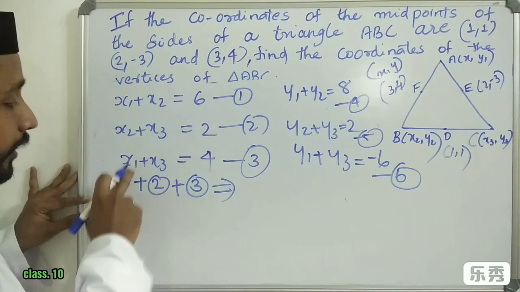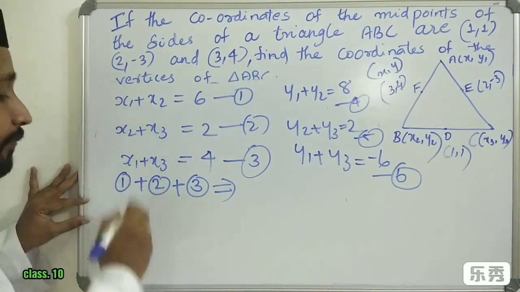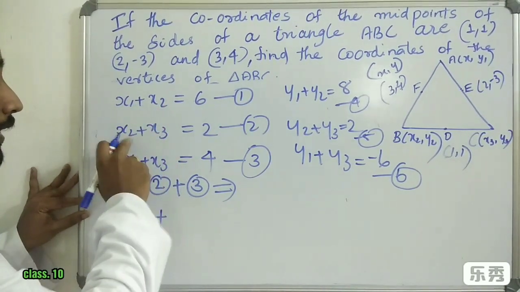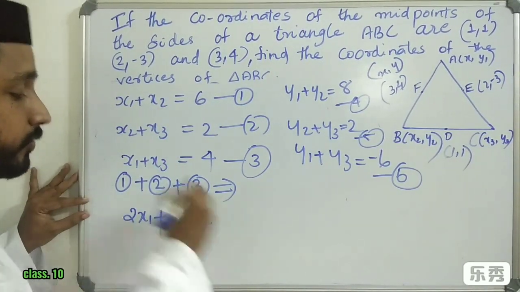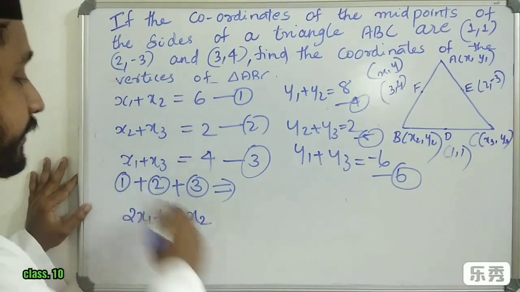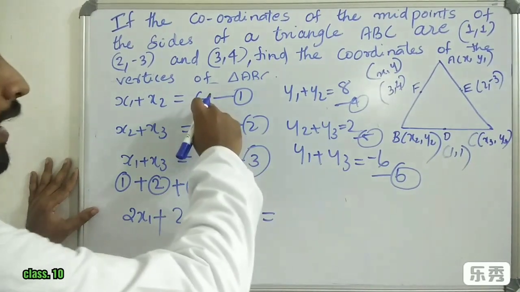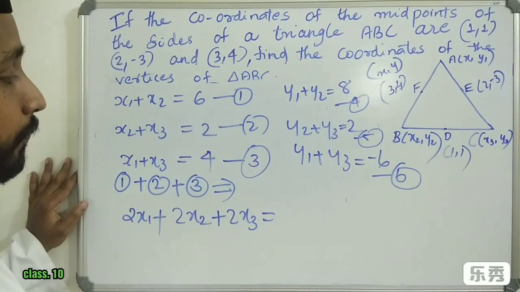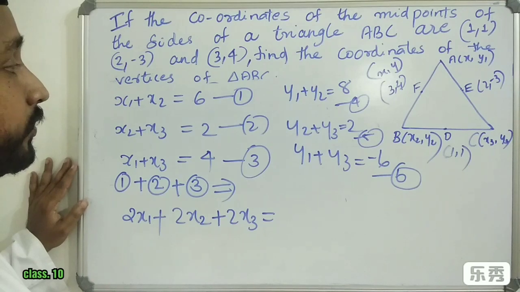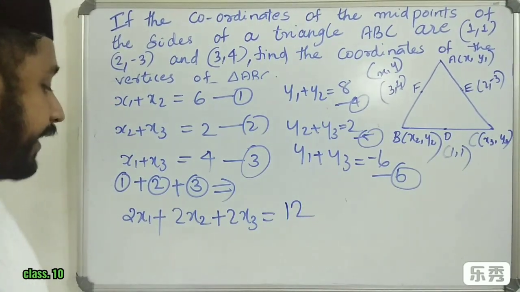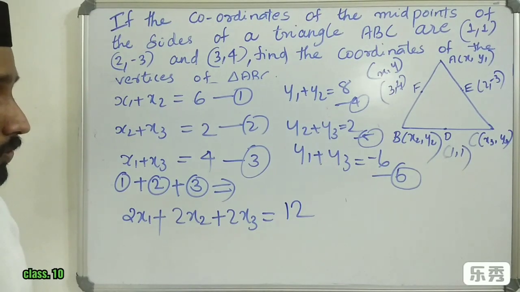Here x1, here also x1, x1 plus x1, 2x1, plus here x2, here x2, 2x2, then x3 plus x3, 2x3, which is equal to RHS, 6 plus 2 plus 4. 6 plus 2, 8, 8 plus 4. So we got 2x1 plus 2x2 plus 2x3 is equal to 12.